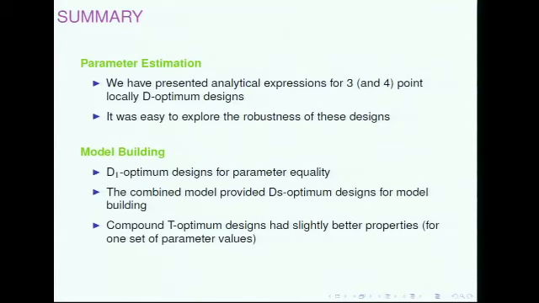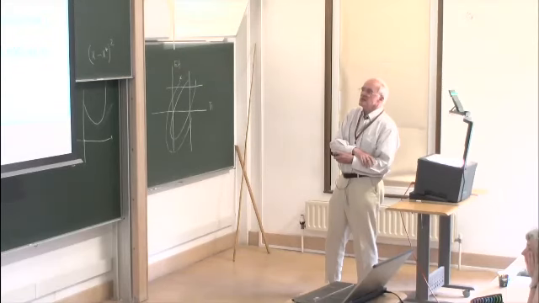So here then is a summary of what I said. For parameter estimation, I've presented analytical expressions for 3 and 4 point locally D-optimum designs, and because of these analytical expressions, it was easy to explore the robustness of these designs.